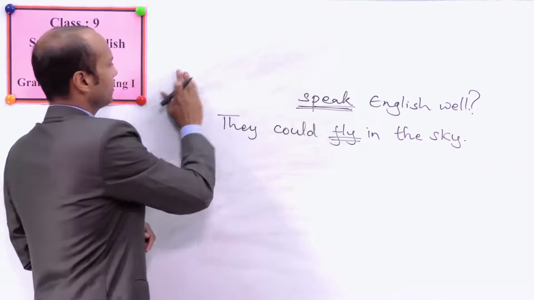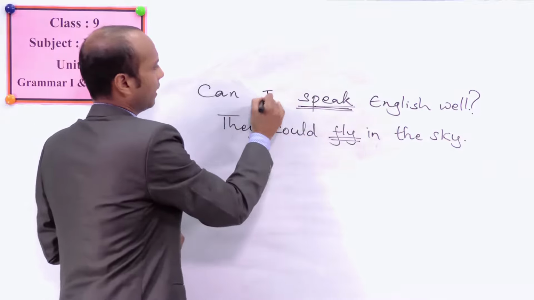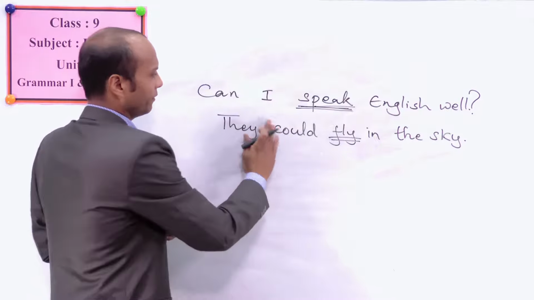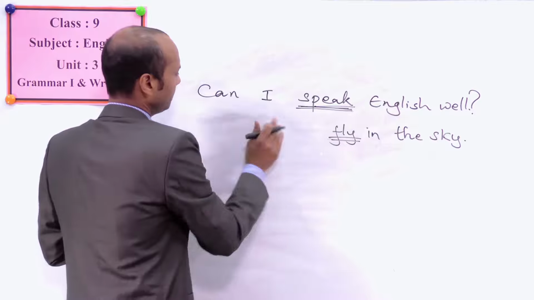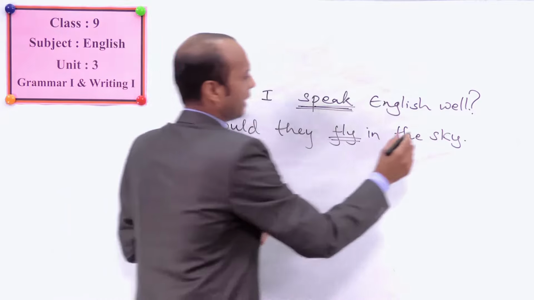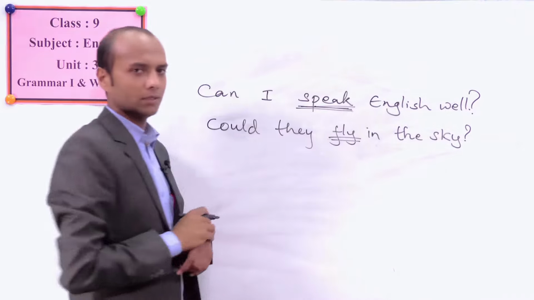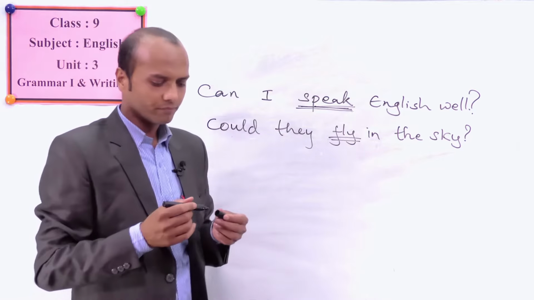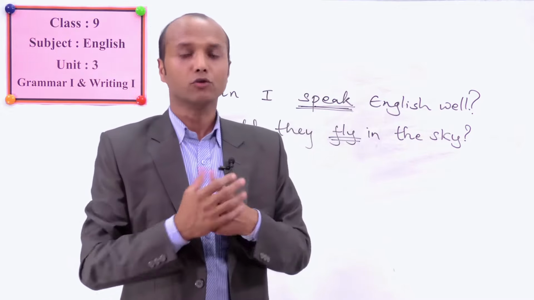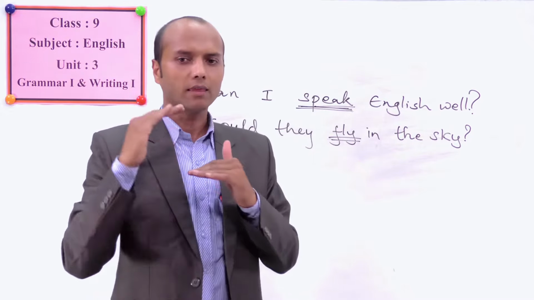Now, your question sounds like this: can I speak English well? Or if you place could at the beginning, could they fly in the sky? And there must be a question mark. I hope I am able to make it clear about their use.